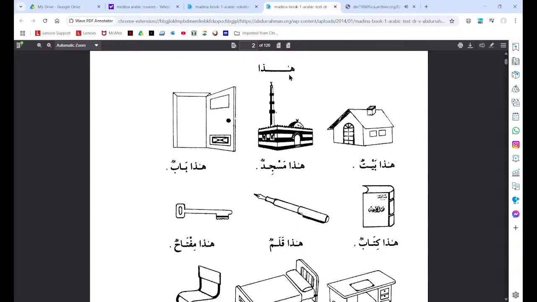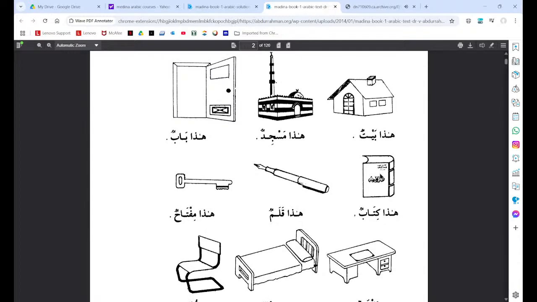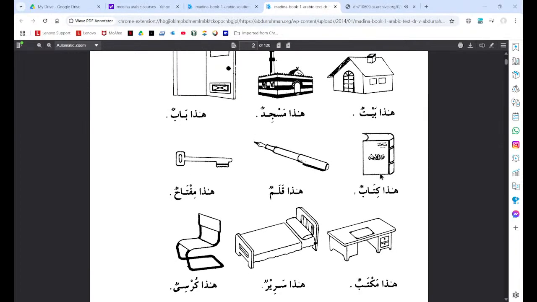So it's not quick. It's not hada, it's hada.